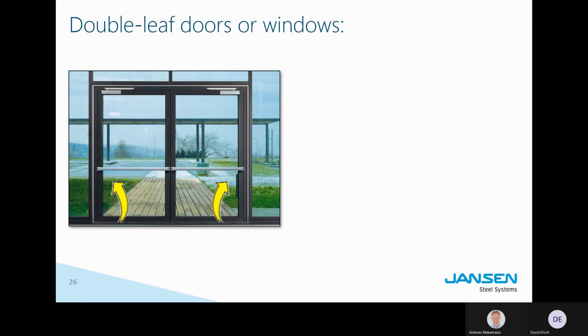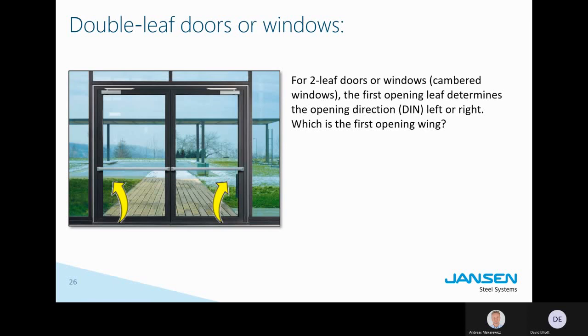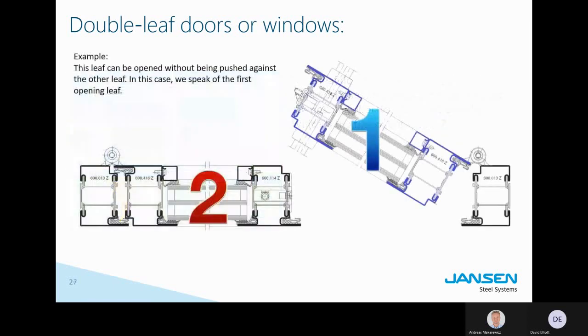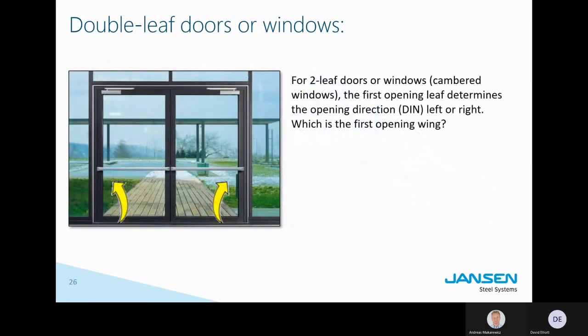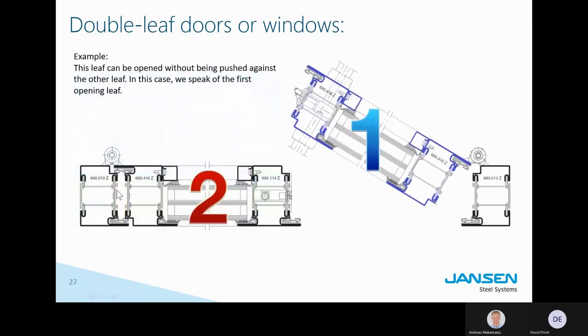Here you see a good example of this, panic handles. First of all, you don't know which one is the first opening leaf, which one is the second or the secondary leaf, and you don't know the opening direction. Okay, here the push bar will indicate it, but more important, if you want to determine that, you will have to look at the cross section.